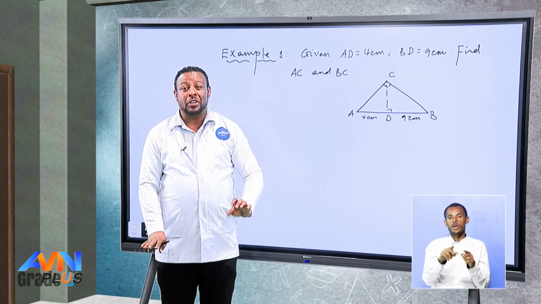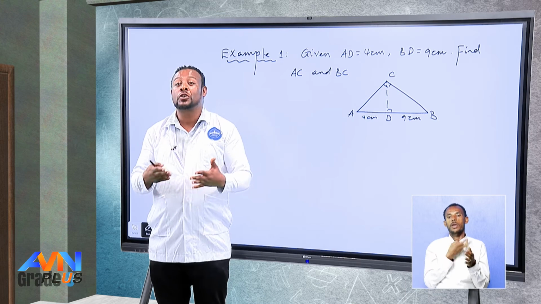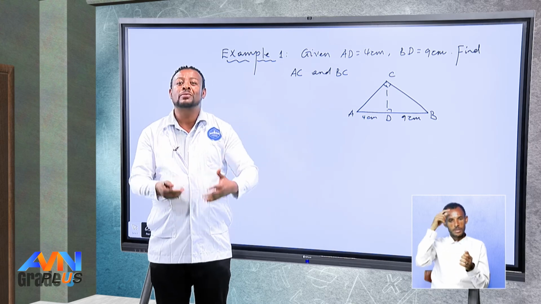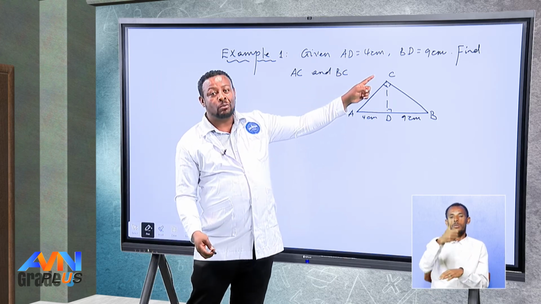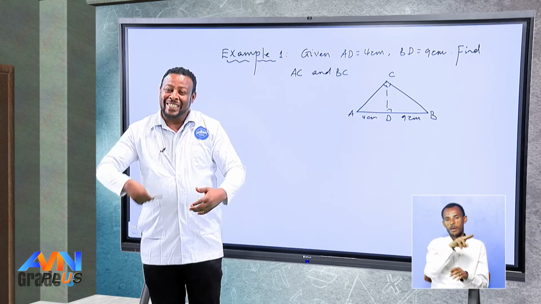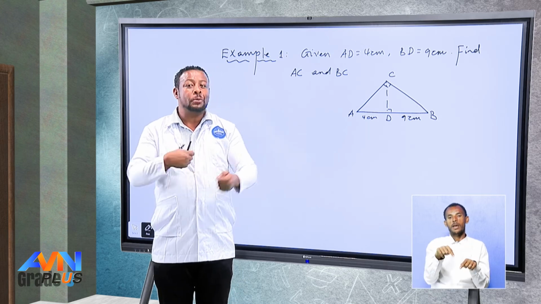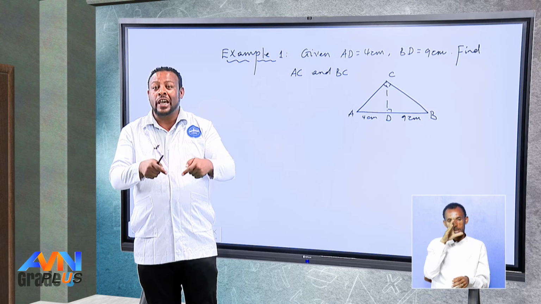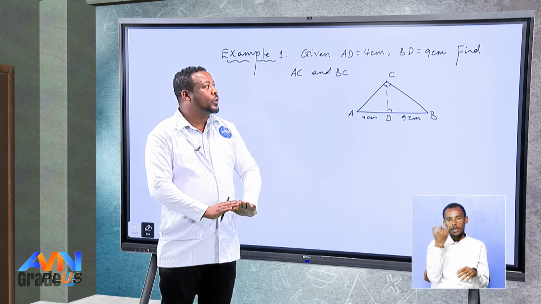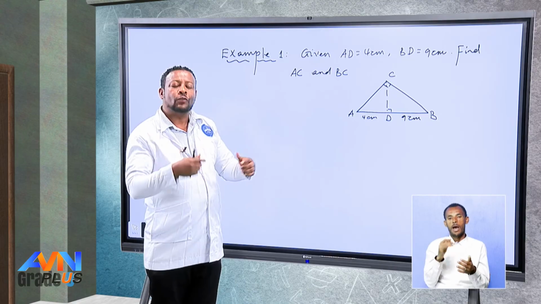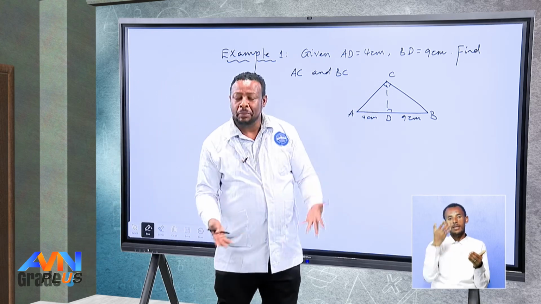So whenever you see this picture, we can sense that we can apply the concept of Euclid's theorem, because Euclid's theorem says in a right-angled triangle with an altitude drawn from the 90 degree to the hypotenuse, the square of the length of each leg is equal to the product of the hypotenuse and the adjacent side into which the altitude divides the hypotenuse, right? So if you know the formula that Euclid's theorem is saying, you can easily find the unknown variables AC and BC, right?